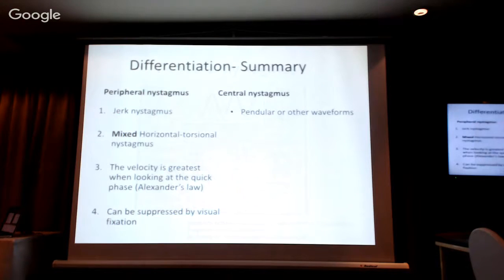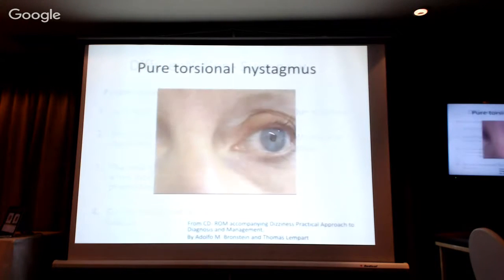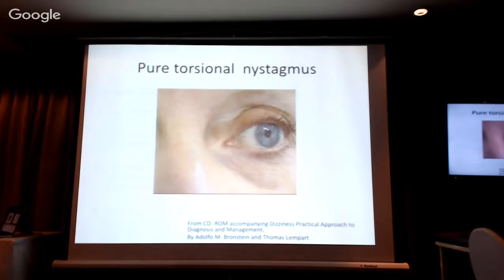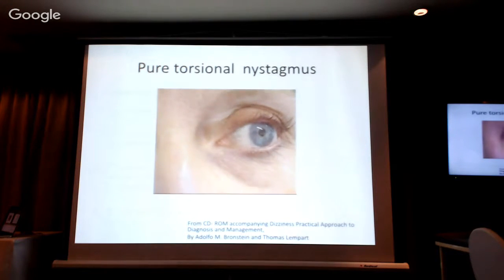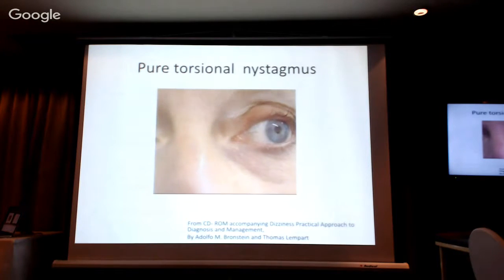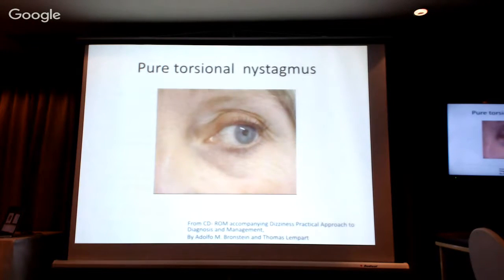And in contrast to the mixed horizontal torsional pattern in peripheral, you get pure horizontal, vertical, or rotatory nystagmus in central cases. So you have pure rotatory nystagmus. You can have pure downbeating, pure horizontal, or pure torsional nystagmus.